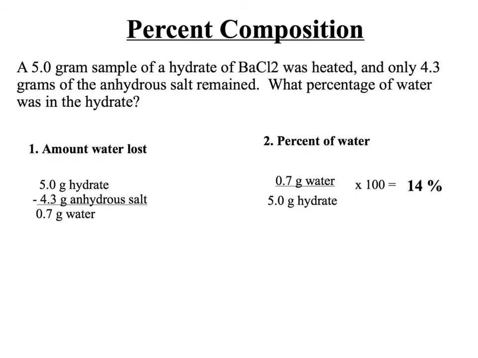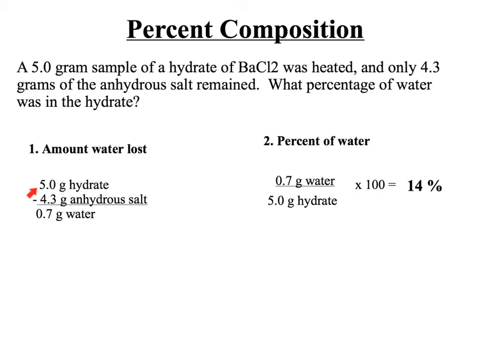A third type of percent composition problem is one in which the percentage of water is calculated. In this example, 5 grams of a hydrate of barium chloride was heated. 4.3 grams of the salt remains. What percentage of the original sample was water?